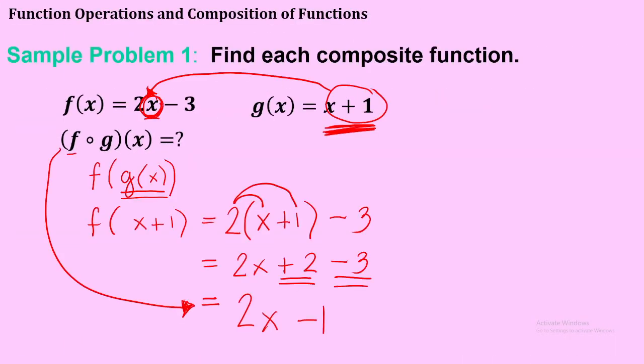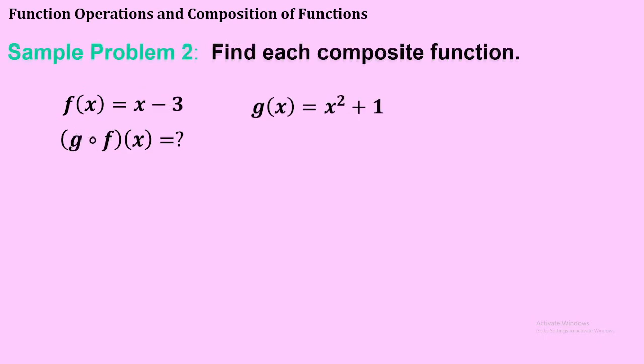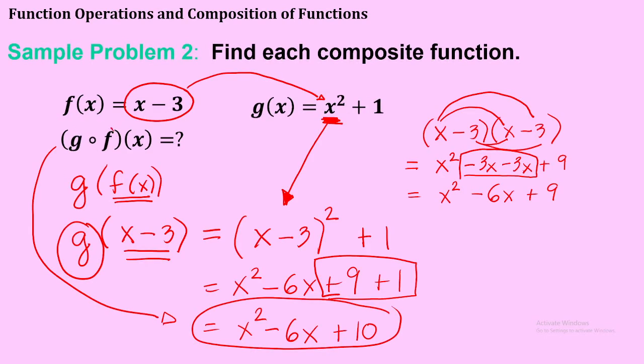Over here, this one, the G is substituted into F. The x is replaced. In our second example, F is substituted into G. So when I say substitute, x is replaced by x minus 3.